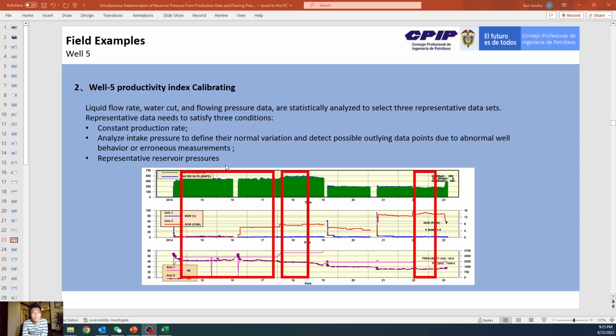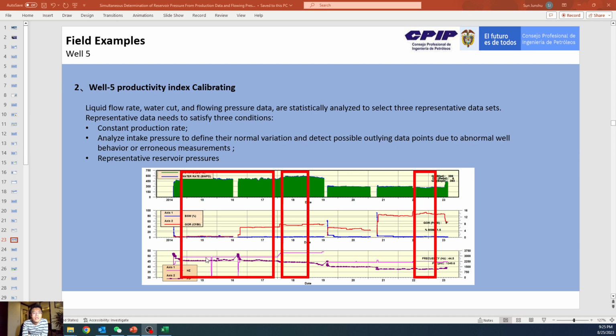Representative reservoir pressure. Here we select 3 periods. The first one is from July 2014 to November 2017. We can see the production rate keeps stable, around 406 barrels per day.